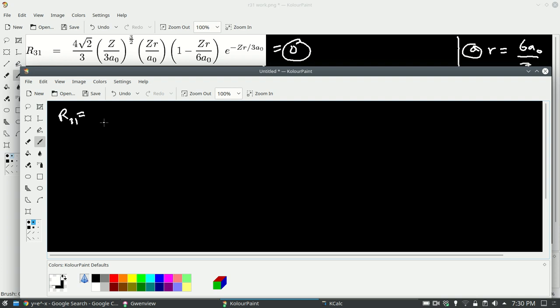I'm going to rewrite the whole thing as A times Zr over a naught, distributing over, minus Z squared r squared over 6a naught squared, times e to the power of negative Zr over 3a naught. Okay, so that is R.